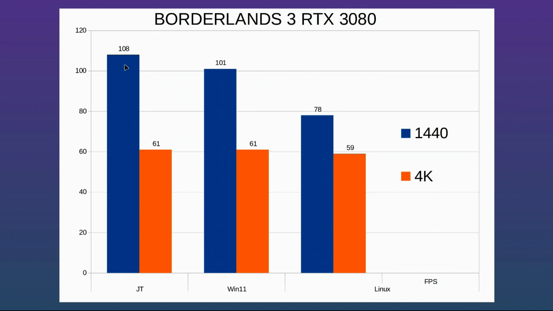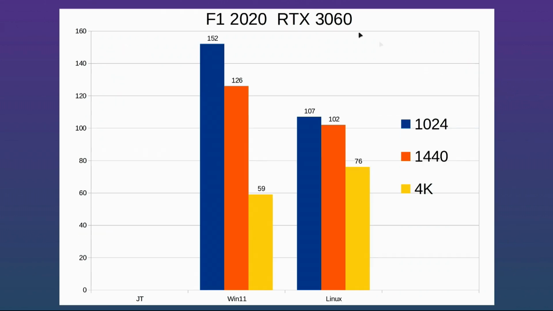So it's 108 in 2K, 61 in 4K. My Windows machine got 101 in 2K, 61 in 4K, and then Linux got 78 in 2K and 59 in 4K. So unfortunately, the 2K is a little disappointing. 4K hangs in there. So let's go ahead and go to F1 2020 using the RTX 3060.